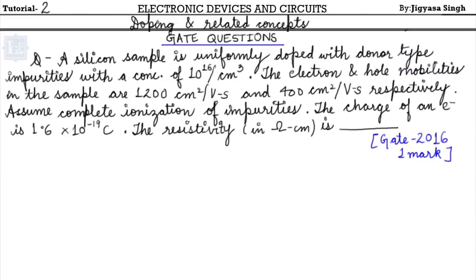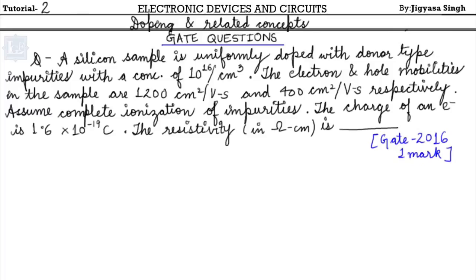So this question was asked in GATE 2016, and the question is: a silicon sample is uniformly doped with donor type impurities with a concentration of 10 to the power 16 per centimeter cube. The electron and hole mobilities in the sample are 1200 centimeter square per volt second and 400 centimeter square per volt second respectively.